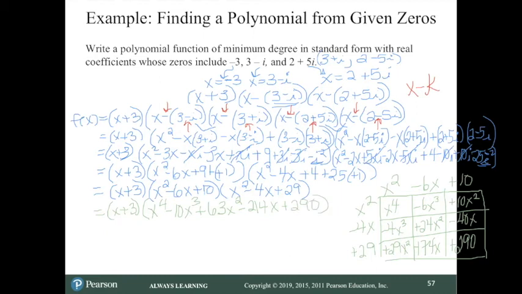And lastly, distributing again, I'm not going to use the box, the multiplication table, for this one. I'm just going to distribute all my x's and then distribute all my 3's. So we have x to the fifth plus 3x to the fourth. Now I'm going to write this in a way that I line up my like terms. So now I'm going to multiply them both to the negative 10x cubed. So that gives me negative 10x to the fourth minus 30x cubed. And then I multiply them both to the next term.